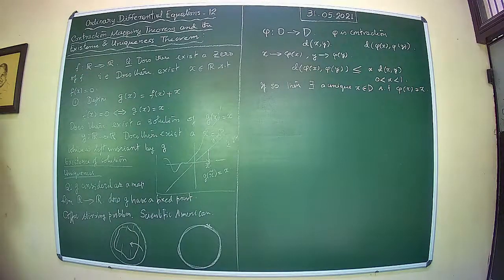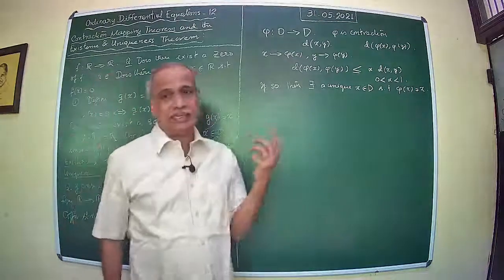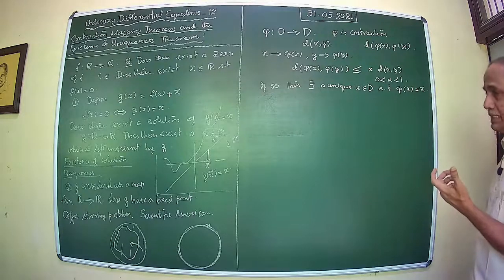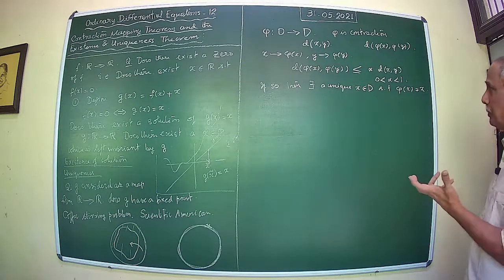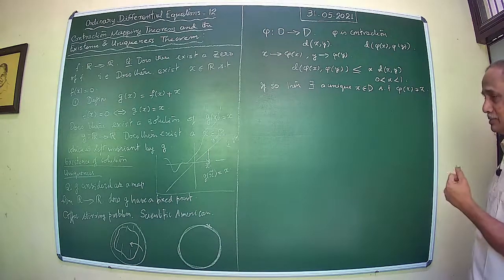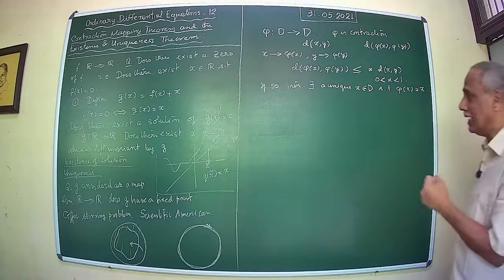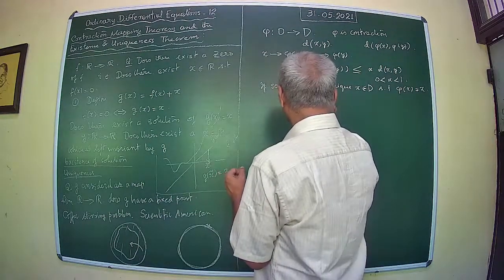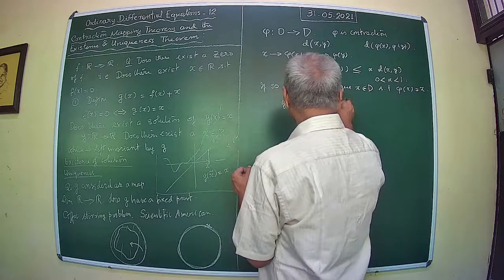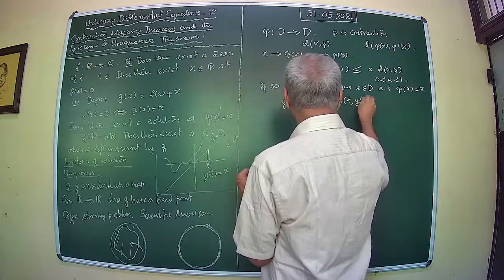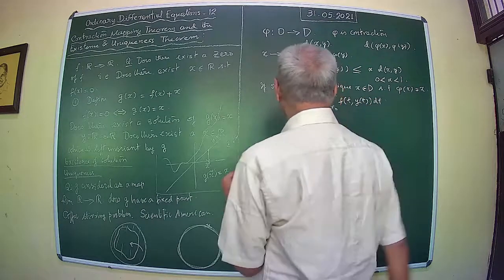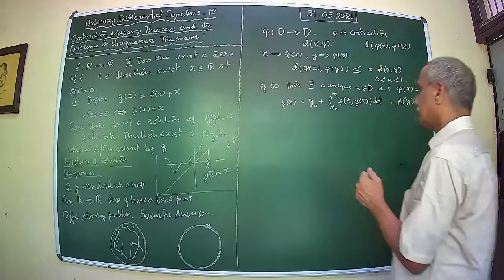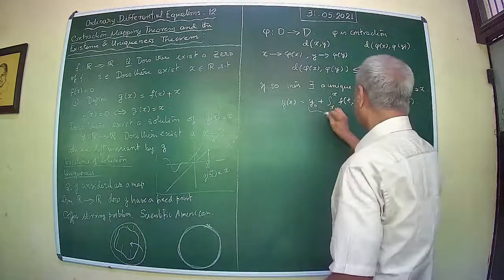Now how you apply this: it would easily suggest to you that probably Picard's approximation also does something like this. Your integral equation is y(x) equal to y naught plus the integral from x naught to x of f(t, y(t)) dt. Now this part you can write as Ay.